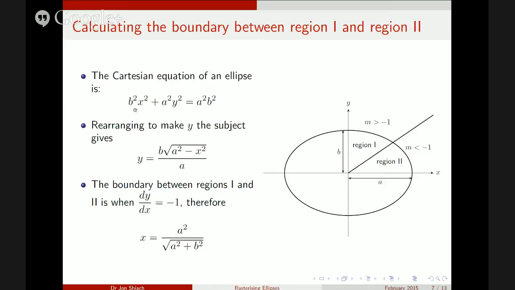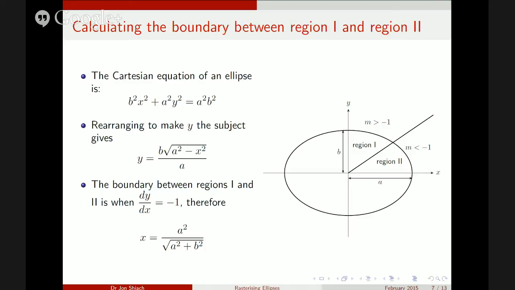I prefer to multiply out through, and you get this form of the Cartesian equation of an ellipse. x and y are just the coordinates of a point on the ellipse. If we rearrange this to make y the subject, we get this. What I've noticed this morning is that I've missed out some things in the notes, so I'll show you where we get this bottom one here.